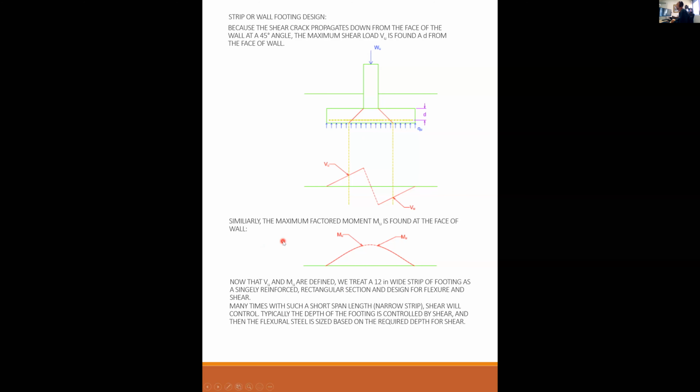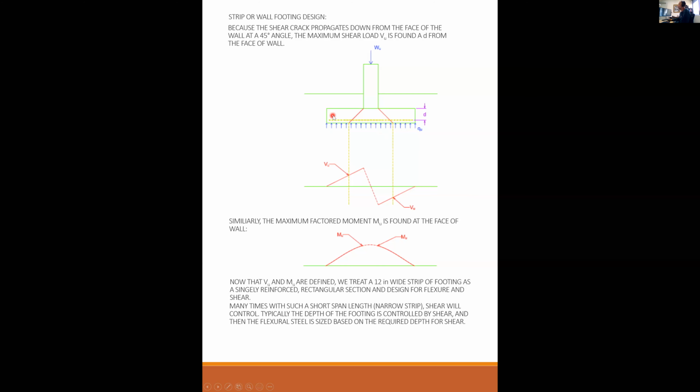Many times with such a short span length, a narrow strip, where the short span length is this length here, shear will control. Most times shear controls the design of these foundations. Typically, the depth of the footing is controlled by shear, and then the flexural steel is sized based on the required depth for shear. So usually we figure out what V_u is first.